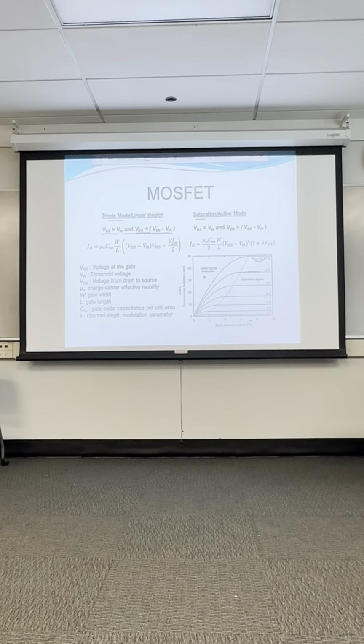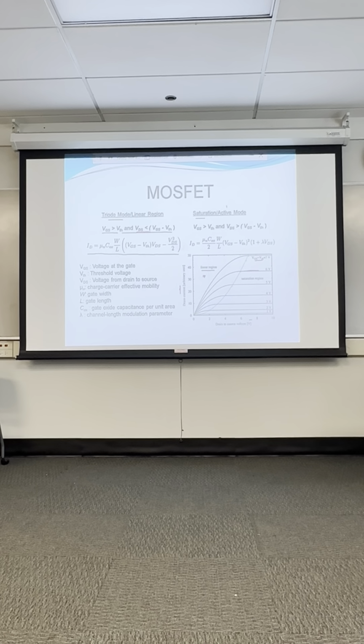Now we note the equations compared to a BJT. If a MOSFET is in linear or triode, this is our equation to calculate the drain current. If the MOSFET is in active mode, you notice this is called active mode for a saturated MOSFET, this is the equation for the drain current.